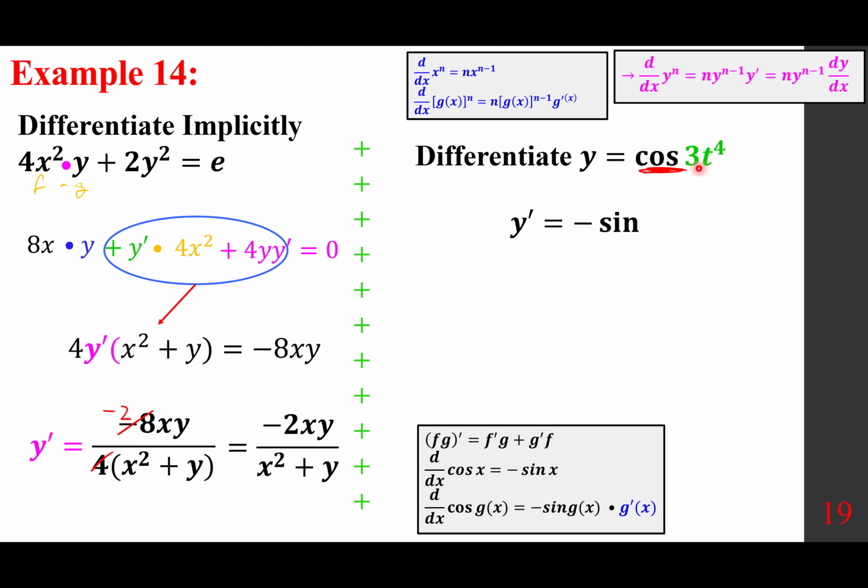This is the chain rule. I'm going to rewrite it and we are done. So that's pretty straightforward. I hope everybody's okay with that.